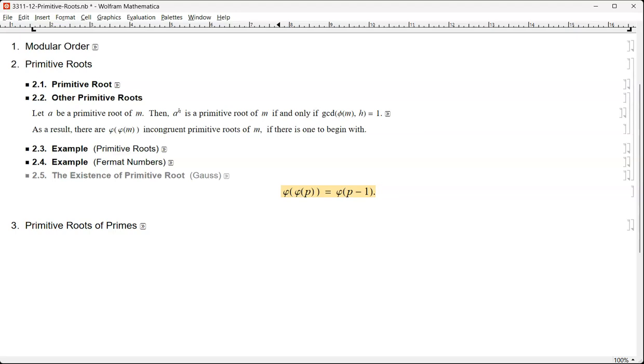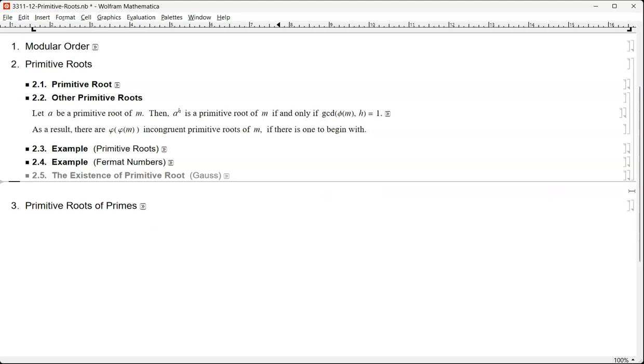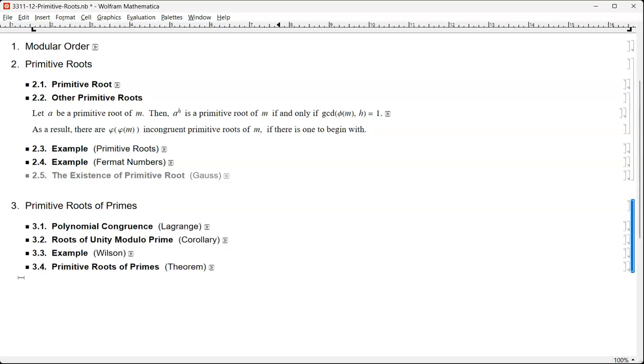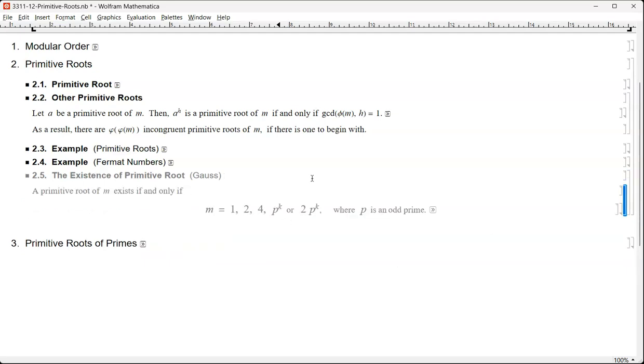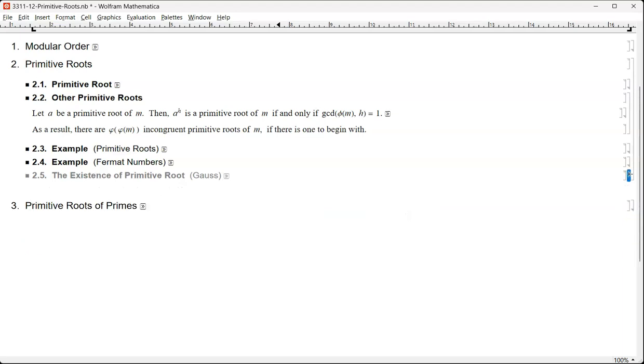There are this many incongruent primitive roots of a prime number. But of course, even that requires a lot of preparation, so we're going to do it later in 3.4. This one here, Gauss's theorem, I just want to show you the final result. We're not going to prove all of that.